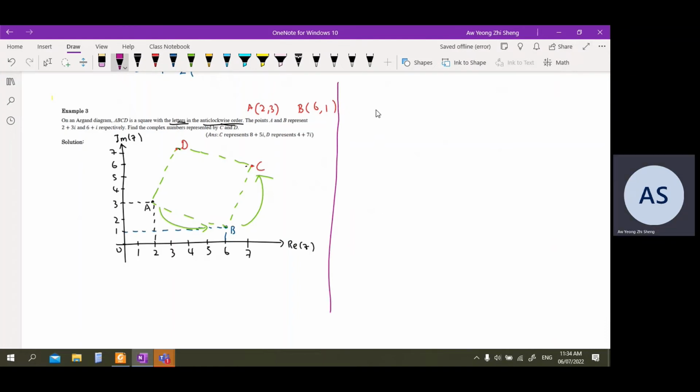Okay, when using the vector approach, I will encourage you to construct a table where in the first column you write down the vector representation, and in the next column, you write the complex number that is represented by the vector.